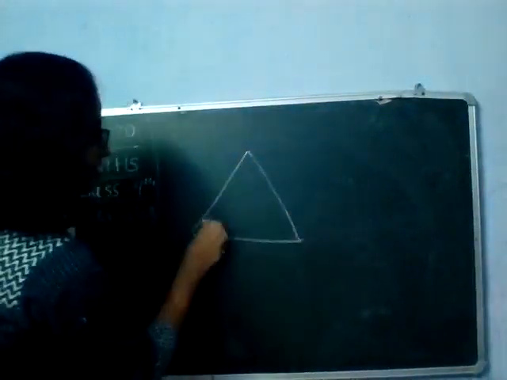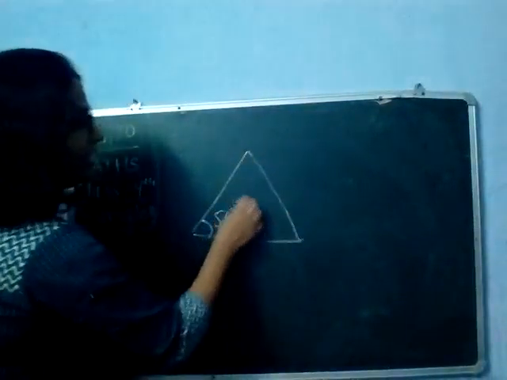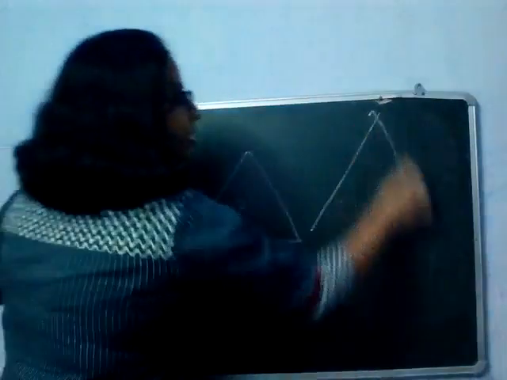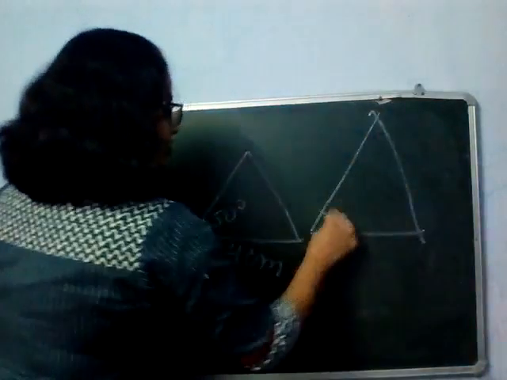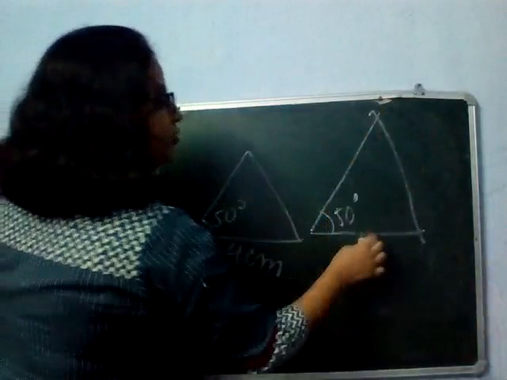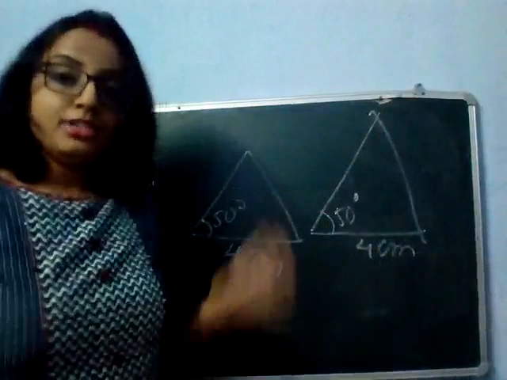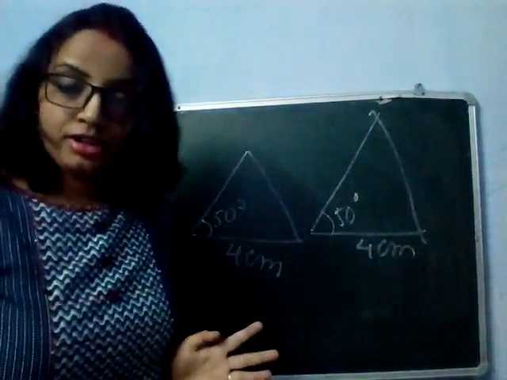Now tell me, suppose in a triangle this is 50 degrees, this is 4 centimeters. Are the two triangles congruent?